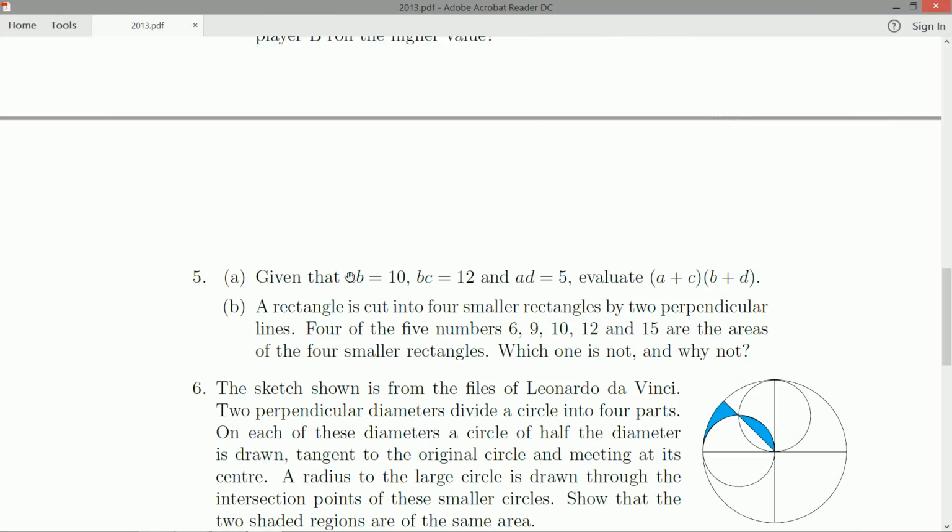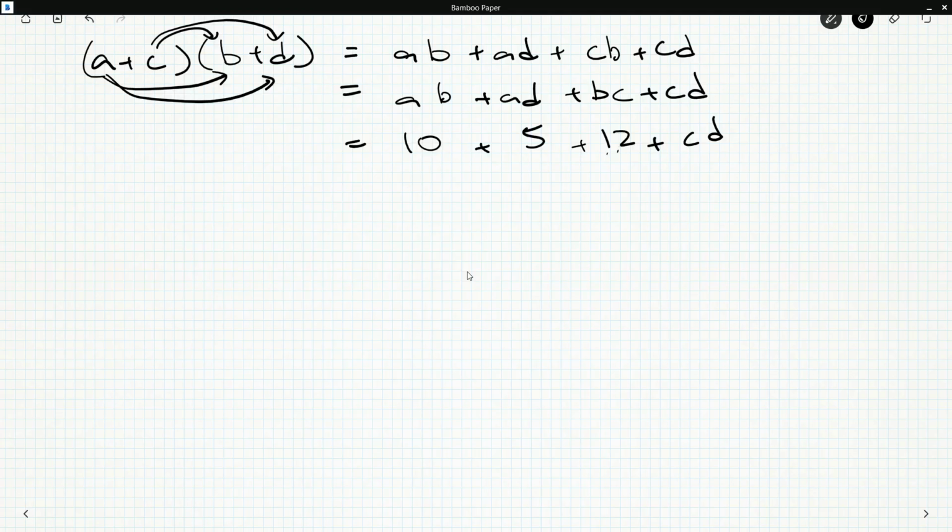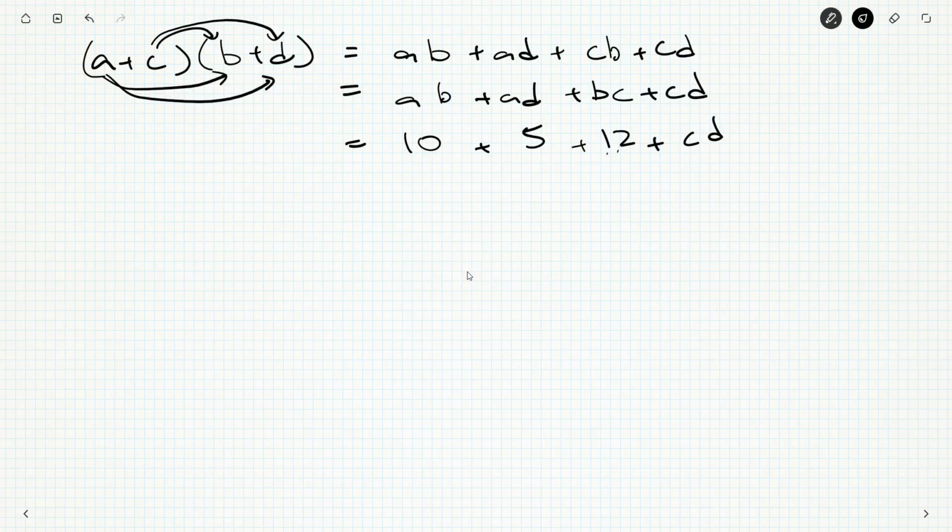Well, perhaps, since all these things are multiplied together, I can find a nice, clever way to multiply them all together, or divide some by some other ones and get CD all by itself. So I have AB, I have AD, and I have BC. Well, these two give me the components of C and D, but with an extra A and a B. So AD times BC, but I want to get rid of this A and this B. Well, fortunately, I've got AB right here.